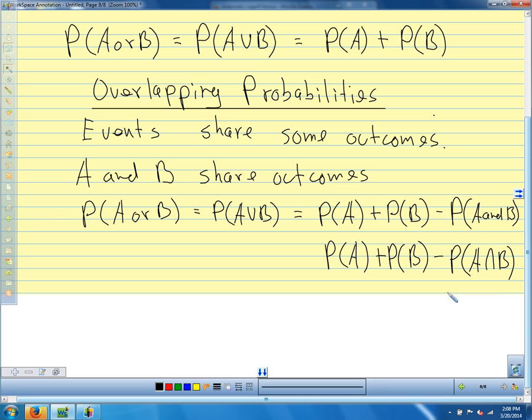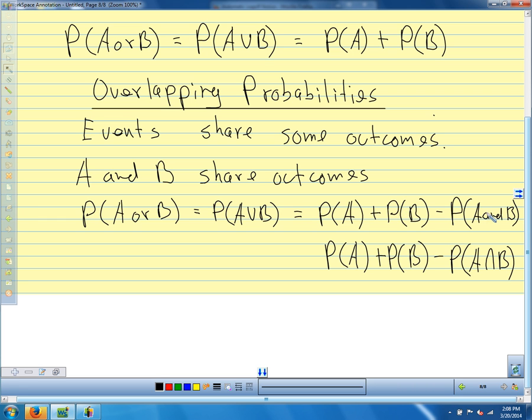So for the example we used, the red card or a king. If we add the two probabilities, the probability of a red card includes the red cards that are kings. The probability of the kings includes the kings that are red cards. So this probability counts those overlapping events twice.